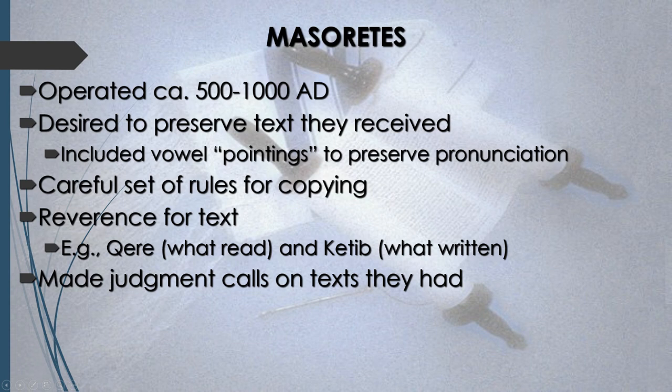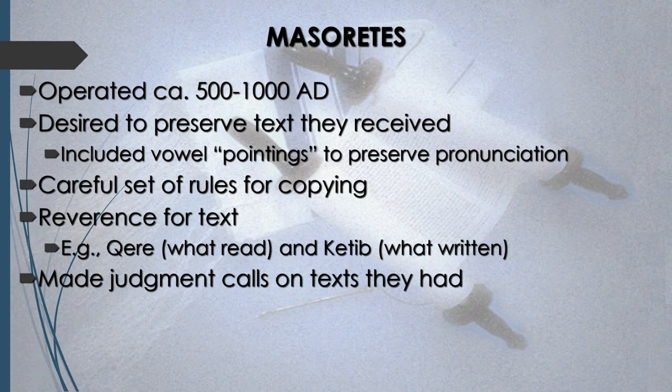And here's what was going on. The Hebrew language is not being used, it's not being spoken anymore. The language is dying out. And we've already mentioned that there are no vowels in this language, and so people are finding it harder and harder to understand the text.